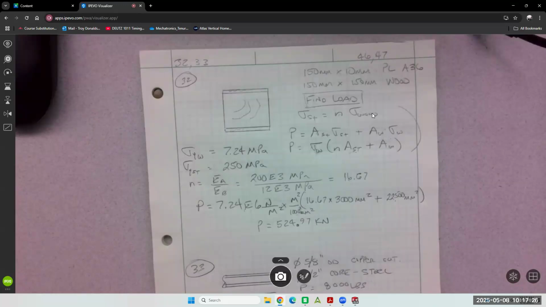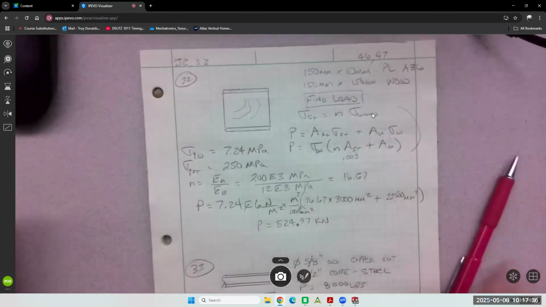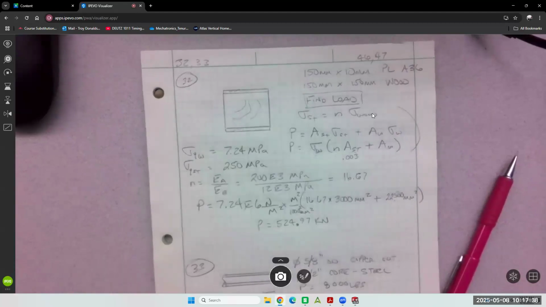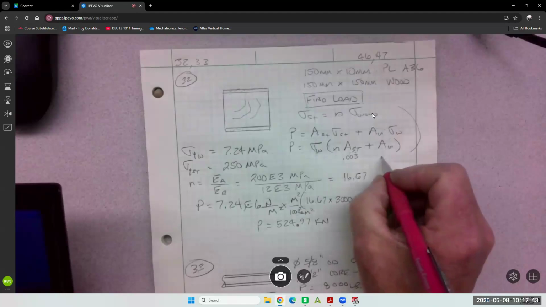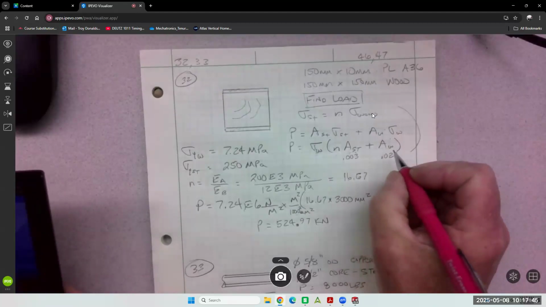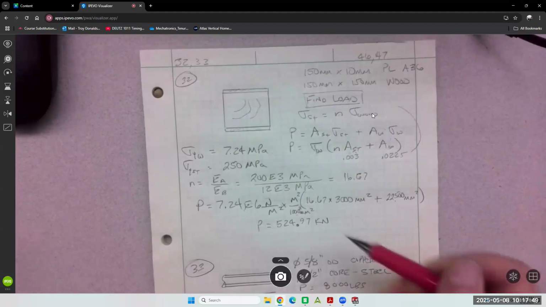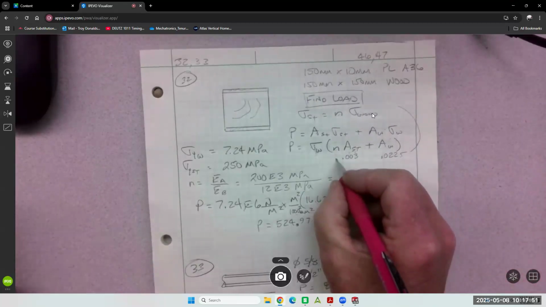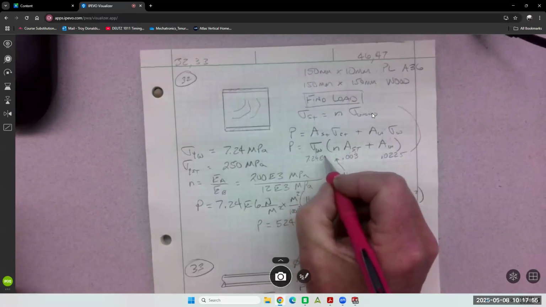Area of the steel is 0.03. Area of the wood is 0.0225. N is 16.67 and this is 7.24 e to the 6.